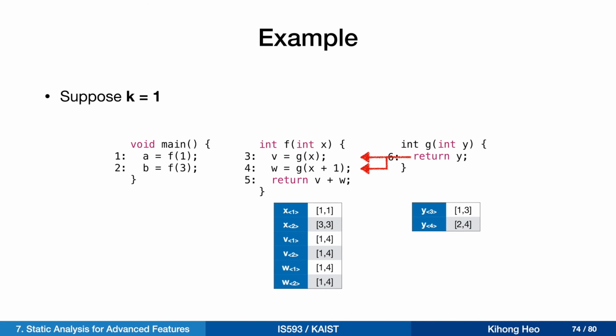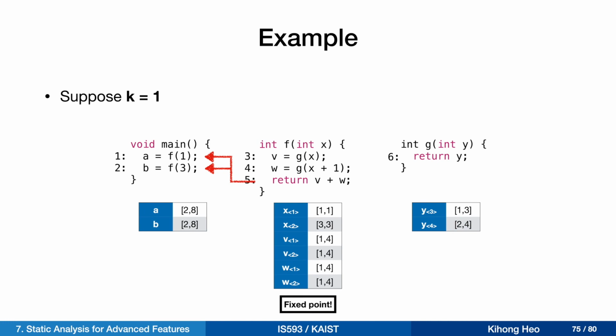So all the instances of variables v and w have interval 1 to 4, right? And finally, the abstract values for a and b are interval 2 to 8, which is still very imprecise.